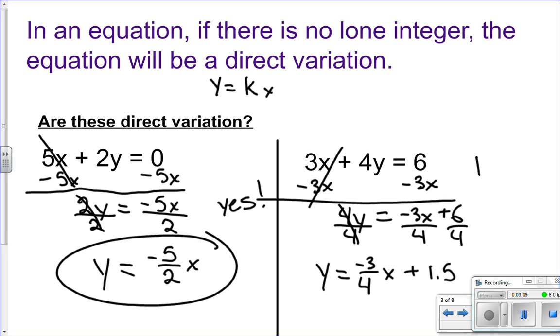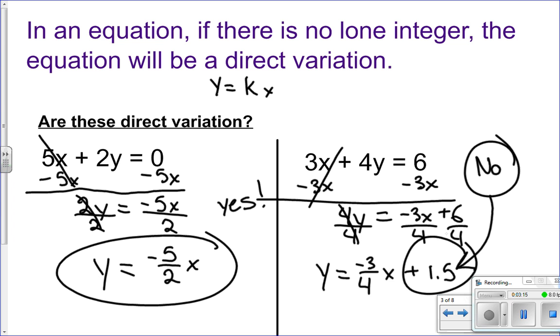This is not a direct variation because I'm adding 1.5 at the end of it. Because you're adding 1.5, it's not varying directly. It's basically saying y is equal to negative 3/4 x, but with an additional 1.5 added to it. You can't add that additional 1.5 to find out how they vary directly.